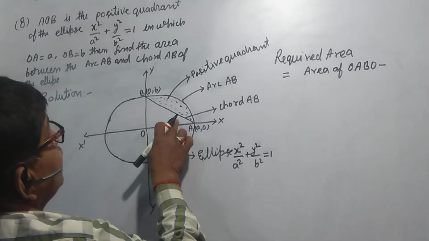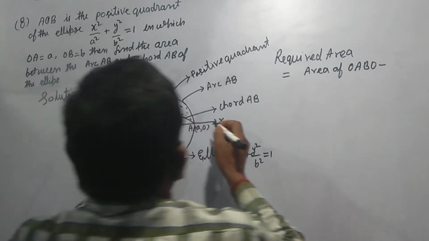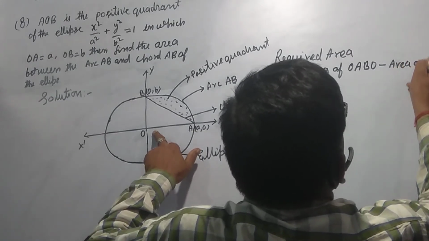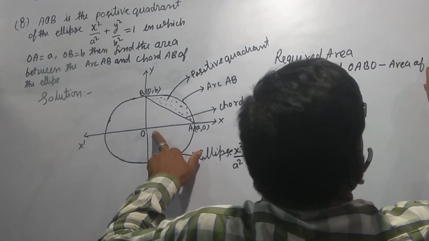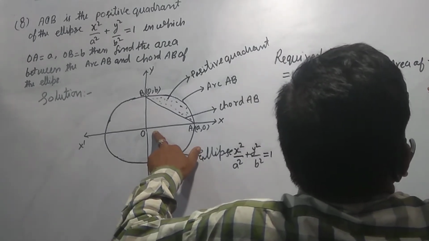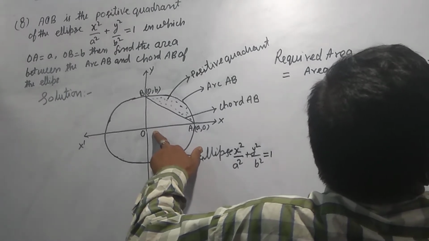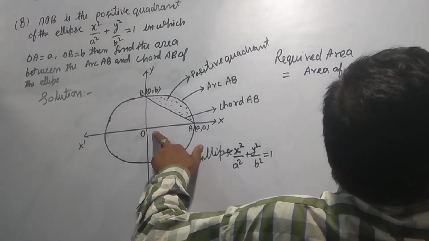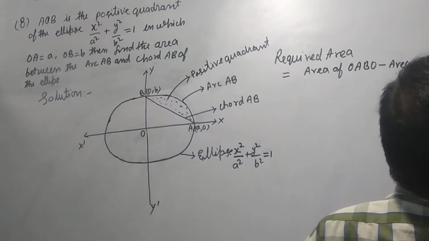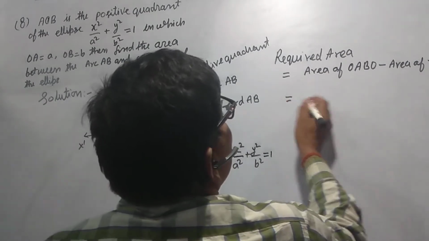This is a right angle triangle, so the area of right angle triangle OAB.